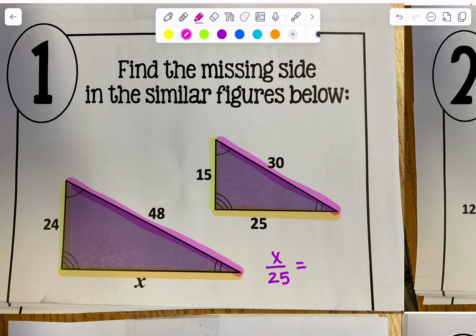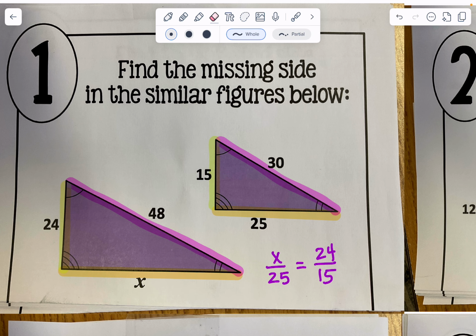But I do need you to be consistent with how you set these up. So, since I chose X first and then 25, then if I'm going to use 24 and 15, 24 needs to come first and then 15, okay?